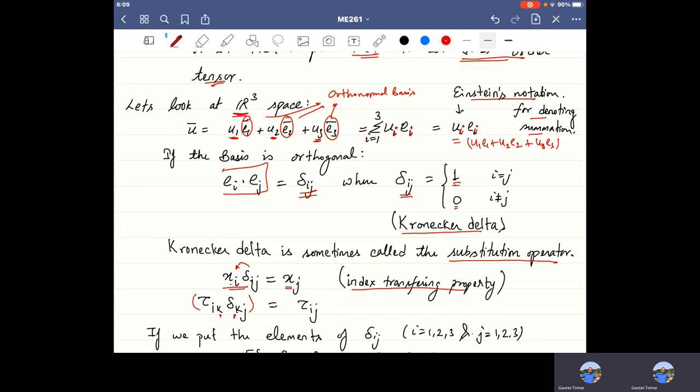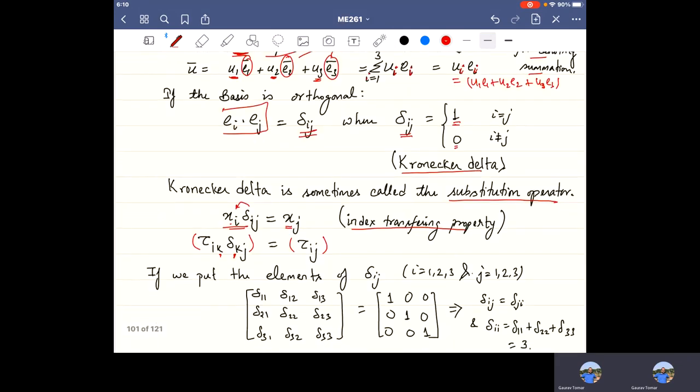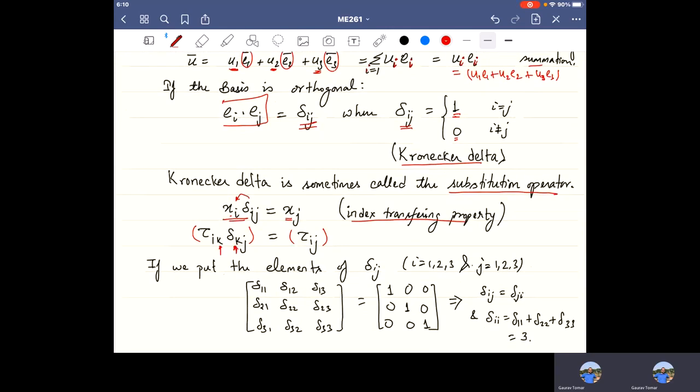But because these terms are Kronecker deltas, it will be non-zero only when k is equal to j. That means you just transfer the index, and delta ik tau kj would reduce to just tau ij. So this summation reduces to only one term.